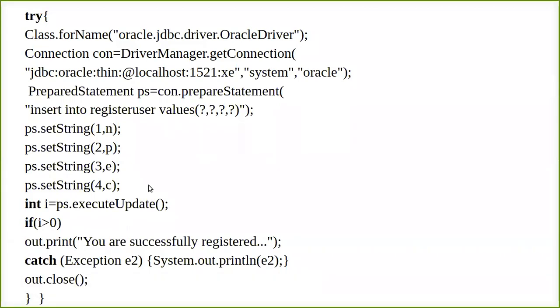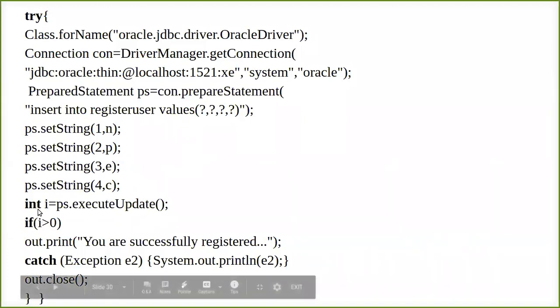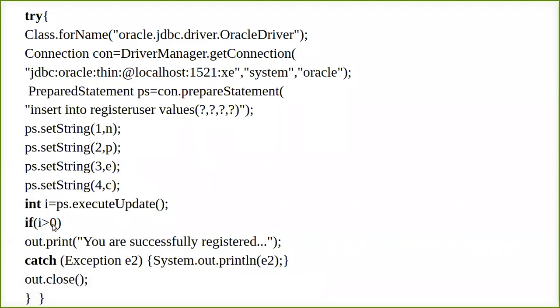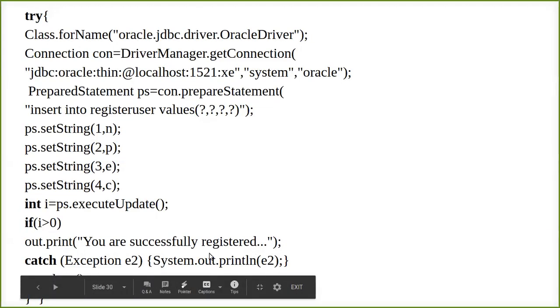For example, if I have inserted 4 rows, the value is 4. So simply I'm going to have a comparison: if the i value is greater than 0, where 0 means empty, even if it is 1, then we are going to show a message that you have successfully registered.